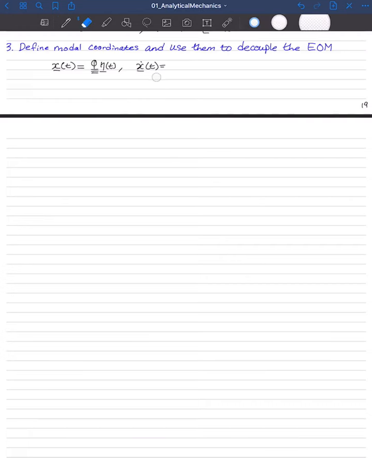And let's drop both the function notation and the underbar notation. So this implies that x dot is equal to phi times eta dot, and x double dot is equal to phi times eta double dot.